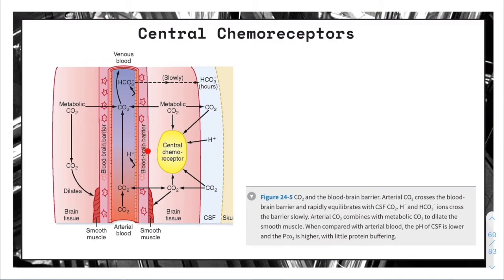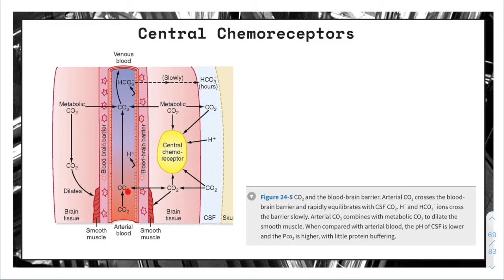Remember that the blood-brain barrier is permeable to CO2 but not to hydrogen, and the bicarbonate and CO2 produced in the cells of your brain as a product of your metabolism can increase the PCO2 in your CSF a few millimeters higher than the arterial blood, so that the pH is slightly more acidic than the plasma.